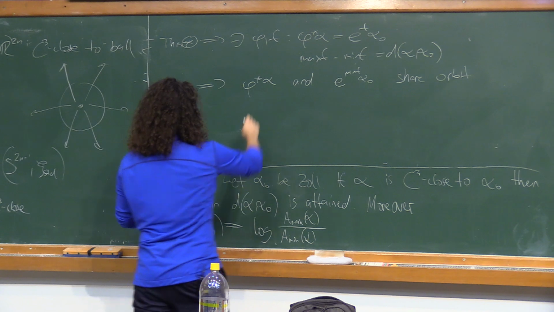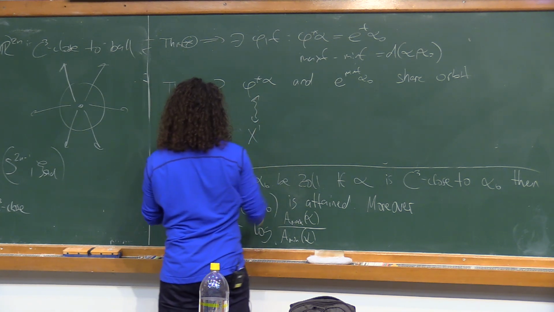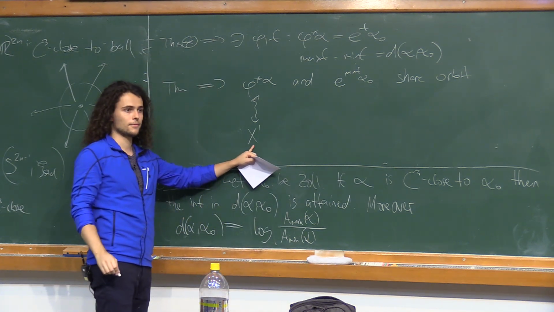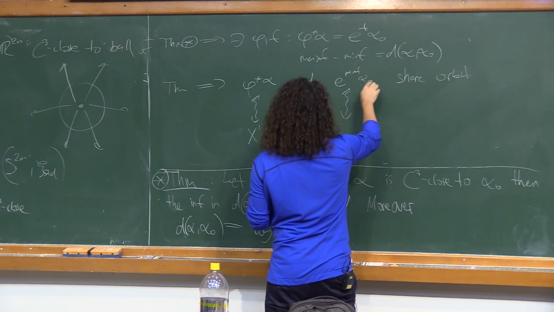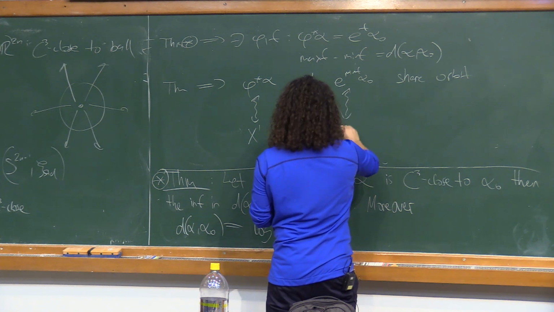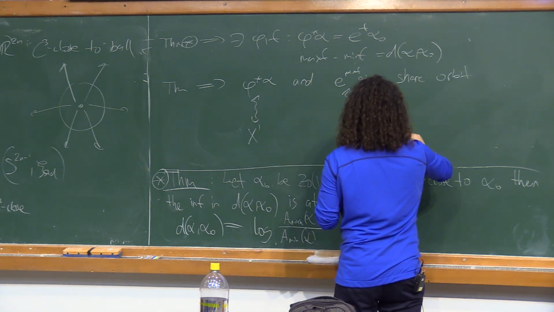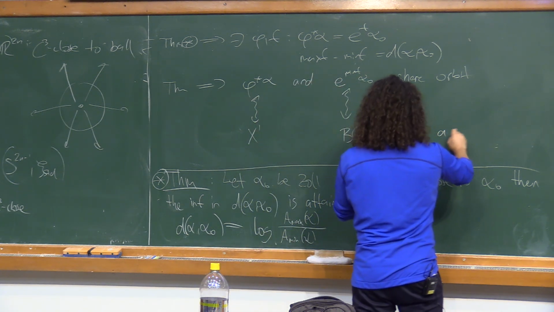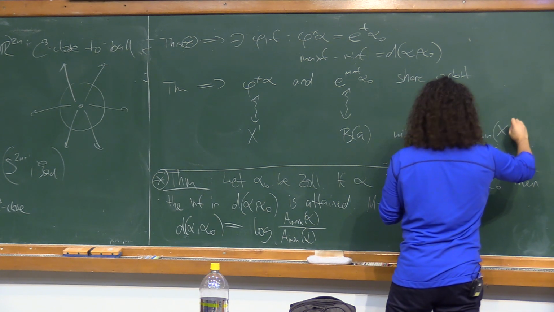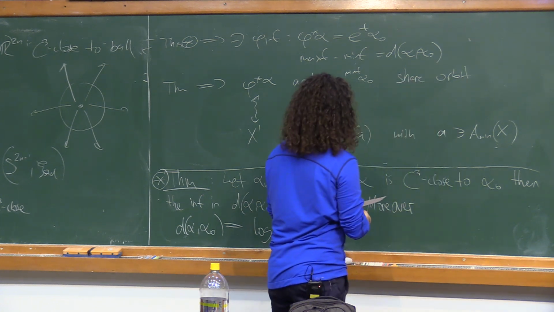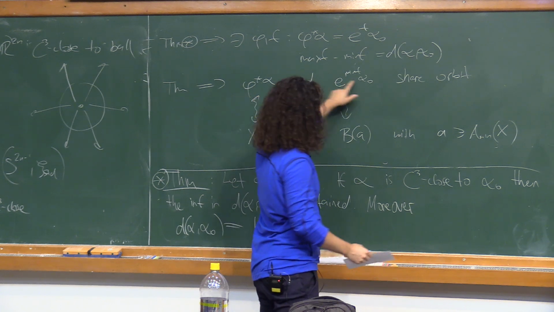Okay, so then we have this contact form here, and that's again going to correspond to some star-shaped domain x prime, right? And this contact form is a Sol contact form, so it's going to correspond to some ball of some width A, and this width A is bigger than or equal to A min of x, simply because these two things share an orbit.